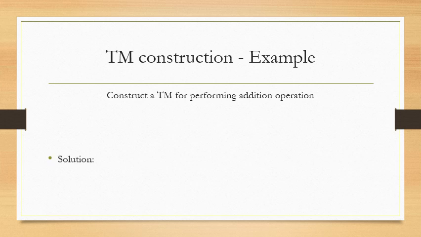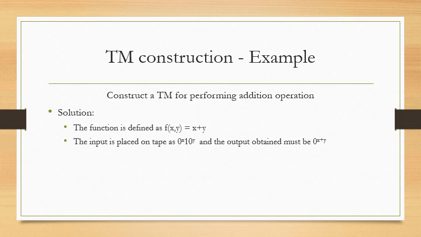So the solution is to define a function f of x comma y, which is nothing but x plus y. The input is placed on the tape as 0 power x, the first number, followed by a 1, and then 0 power y. The output should be 0 power x plus y.